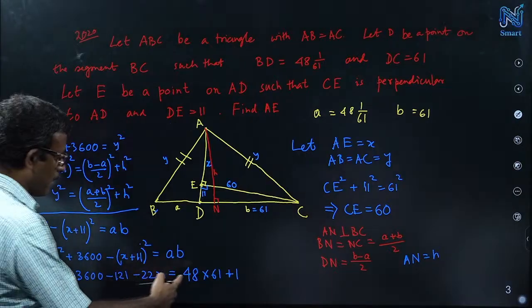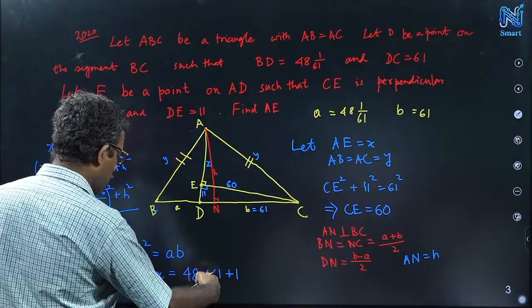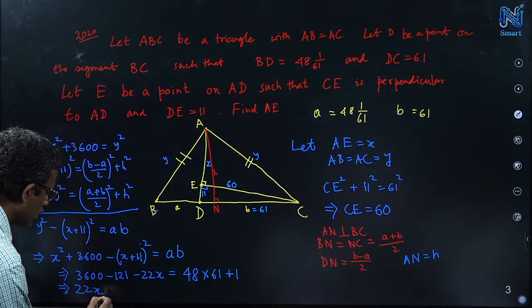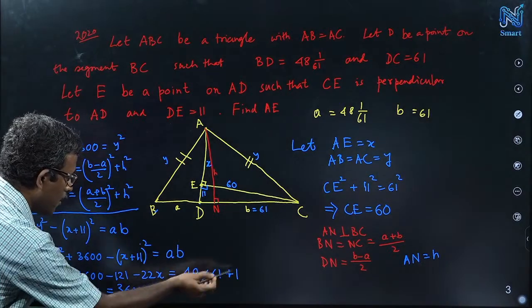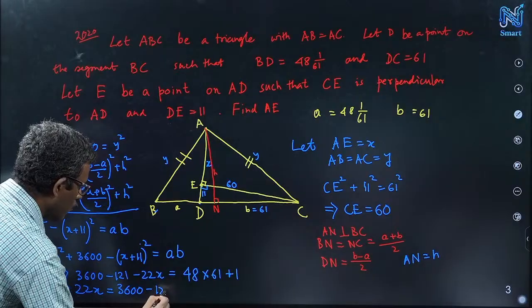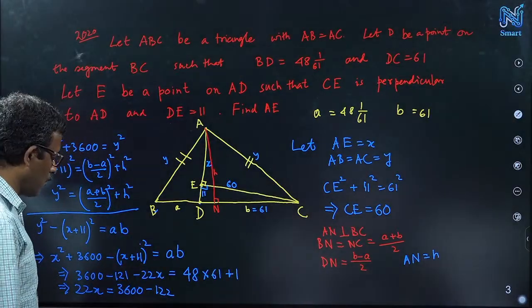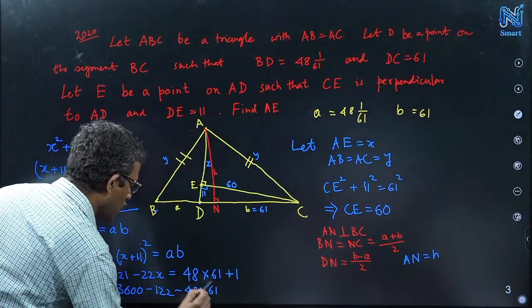You just simplify that calculation. You just take 1 here and 22 here. So it is 22x is equal to 3600 minus 121 minus 1, 4861.